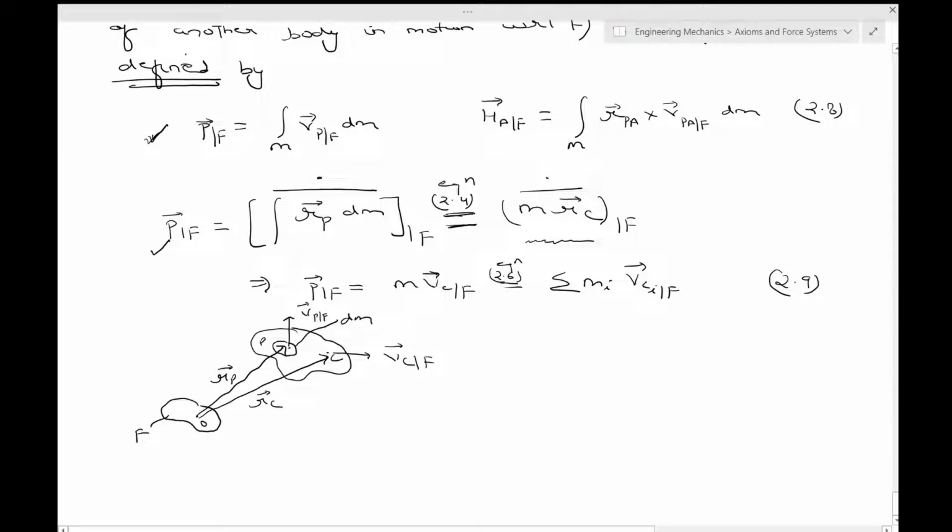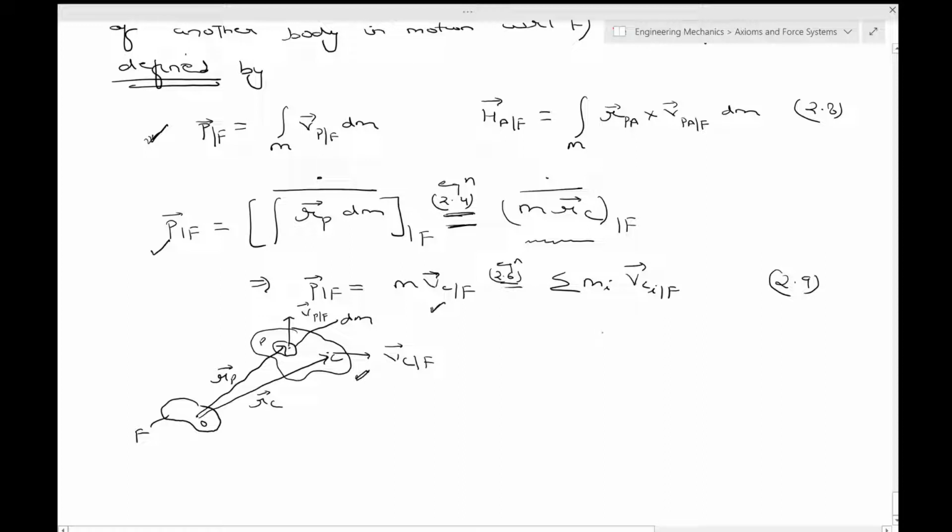Then you can have the velocity of center of mass over here, that can be visualized like this. So the center of mass is moving with a velocity vc with respect to the F frame, and the total mass is m.